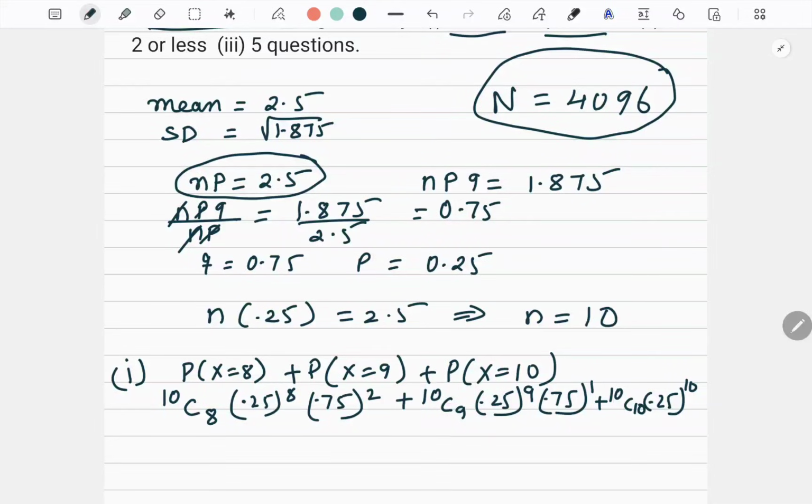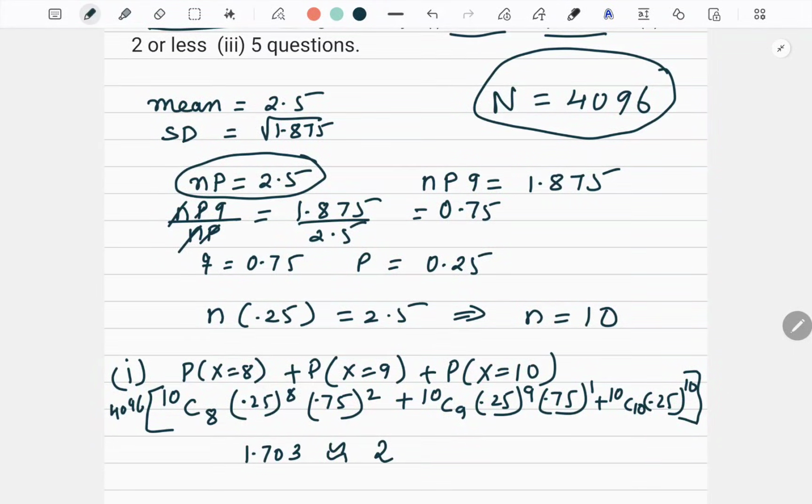Correct? So this will give me the probability. Now, what is my question? My question is not probability. My question is number of students. So this probability I should multiply by 4096. Correct? So now when I multiply this by 4096, I will get 1.703, which is approximately equal to 2.